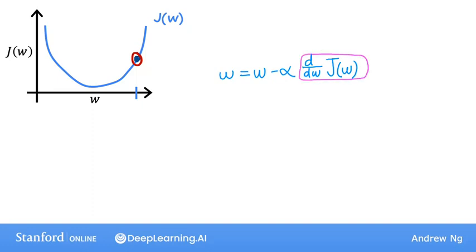Let's look at what this derivative term here means. A way to think about the derivative at this point on the line is to draw a tangent line, which is a straight line that touches this curve at that point. In math, the slope of this line is the derivative of the function J at this point. To get the slope, you can draw a little triangle like this.